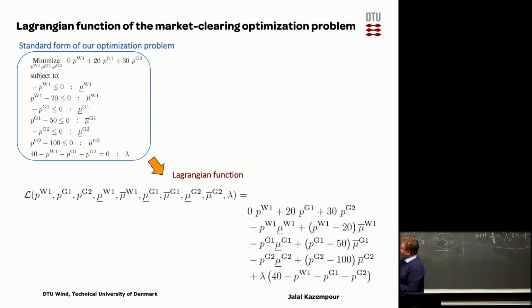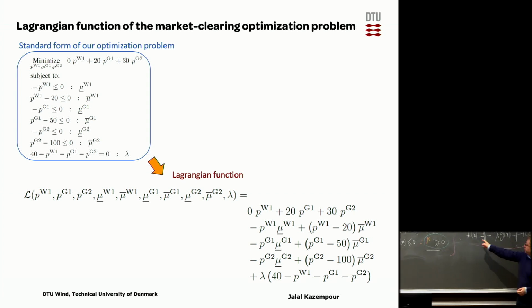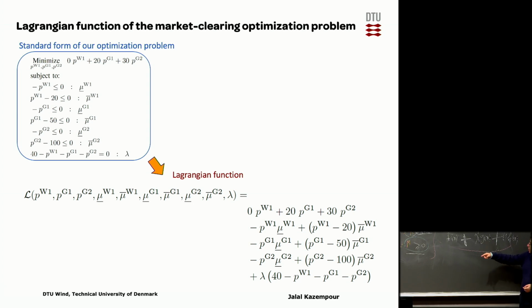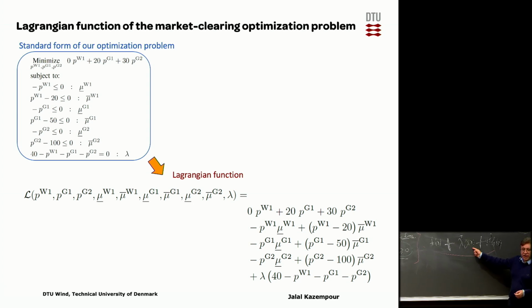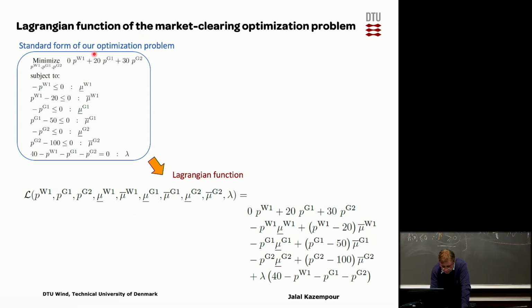So now we derive the Lagrangian function. Remember, the Lagrangian function is our objective function plus, for inequalities, lambda times j of x, and for inequalities, mu times h of x. Please check if we derived the Lagrangian function correctly. So the objective function is here. Very good. For this first inequality, we say dual variable times the left-hand side, it's minus Pw.